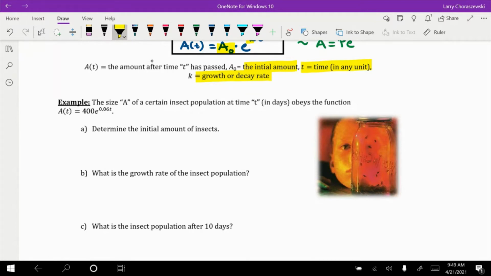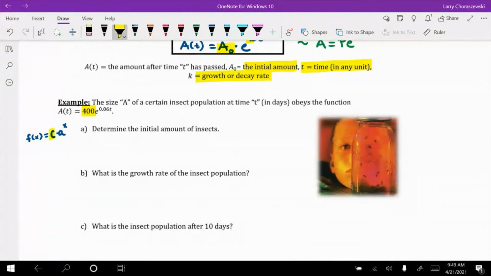In part A, it says determine the initial amount of insects. If you look at the formula they give us, 400, yep, you got it. 400 would represent that value of c that we had when we were defining what an exponential function is at first, c times a to the power of x.